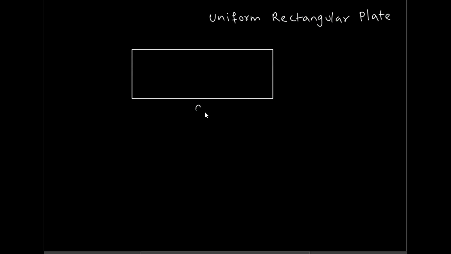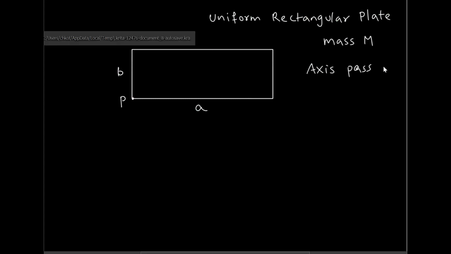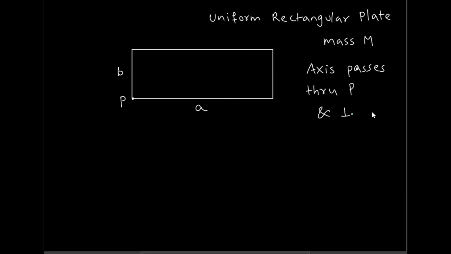The length of the rectangle is A and the width of the rectangle is B. Now I take this corner vertex, let's call that P. The mass of the plate is capital M. The axis passes through P and is perpendicular to the plate. Can you get the moment of inertia?